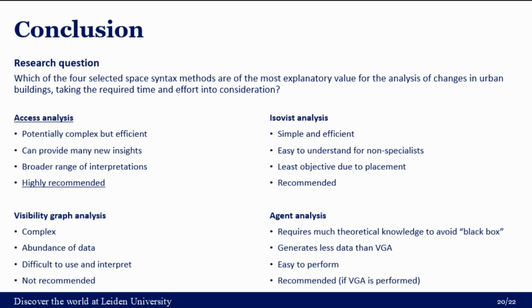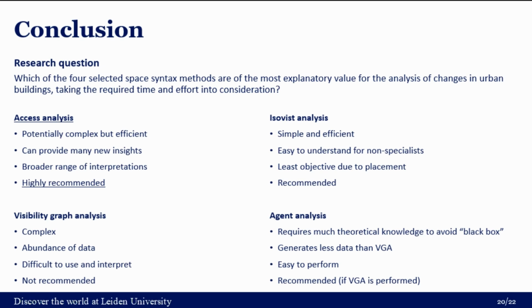And so to conclude, which of the four selected space syntax methods are of the most explanatory value for the analysis of changes in urban buildings? Well, my favorite method, the one I would recommend the most, is axial analysis, because whilst it can be potentially complex based on how much time you want to put into it, you can make a very high number of graphs.